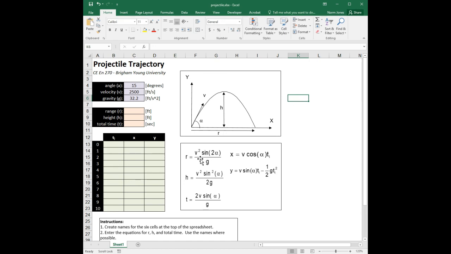And so we have equations based on the velocity and the angle, and also the coefficient of gravity, the gravitational constant g. So we can calculate directly the range and the height. And also, you can calculate the total time it takes to travel that distance and return to the ground using this equation.